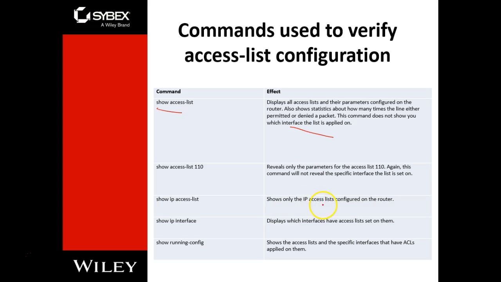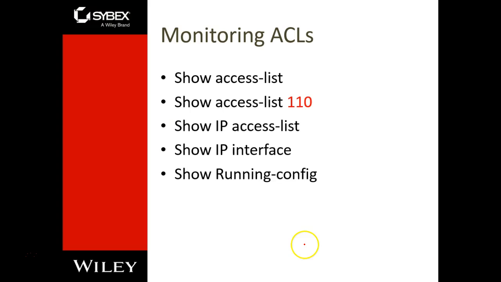Show ip access-lists, all the IP access lists, which are basically what we're going to have on any of them anymore. Show ip interface displays which interfaces have access lists set on them. And show running-config is going to show you the running config. It'll show you the access lists as well as where they're applied.